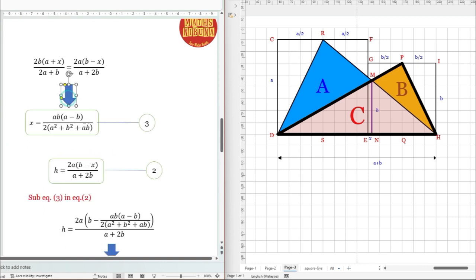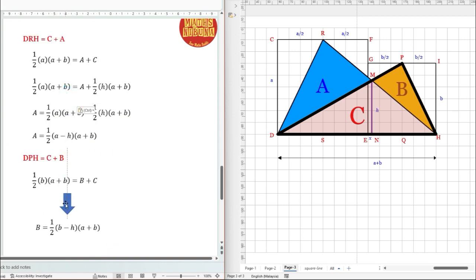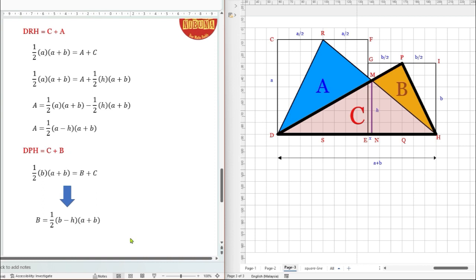Just do little work to find what is B. So B equal to, when C comes there, it becomes B minus, is A plus B.